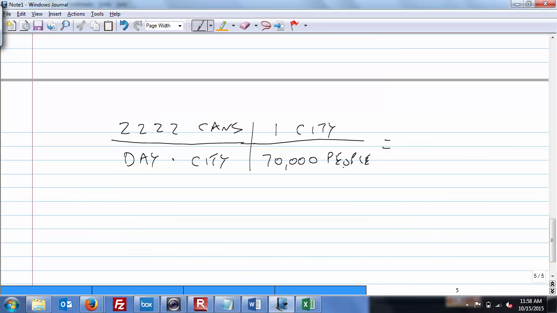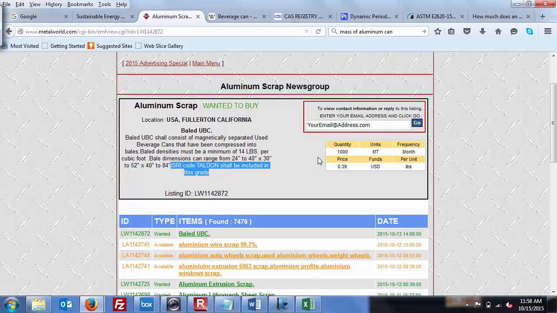Okay, so we did some dimensional analysis. We looked at a supplier, and we can just say, I'll respond.